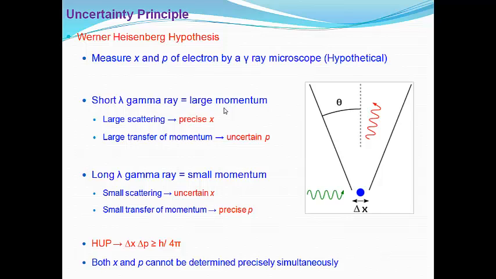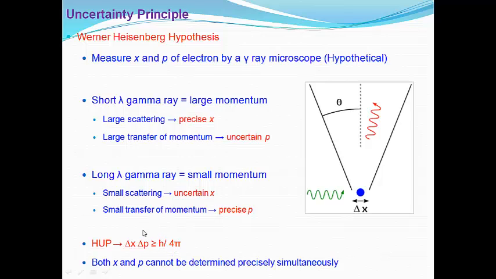And that is summed up in Heisenberg's uncertainty principle, which says that the product of the uncertainty delta, meaning change or uncertainty in x, the position, and p, the momentum, is greater than or equal to h over 4 pi.